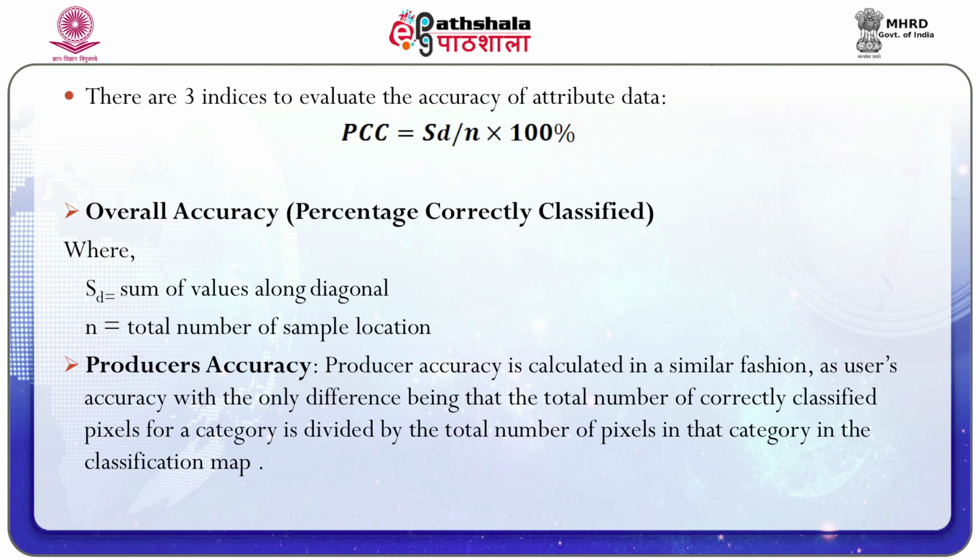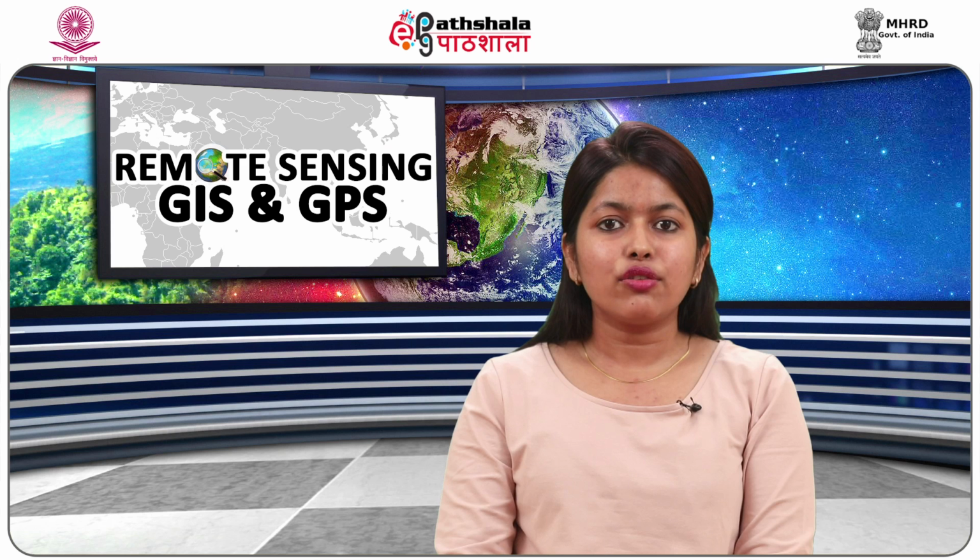Producer accuracy is calculated in a similar fashion, and user accuracy is calculated with the only difference being that the total number of correctly classified pixels of a category is divided by the total number of pixels in that category in the classification map, instead of dividing by the total number of pixels in that category in the reference map, that is the column marginal or column total.